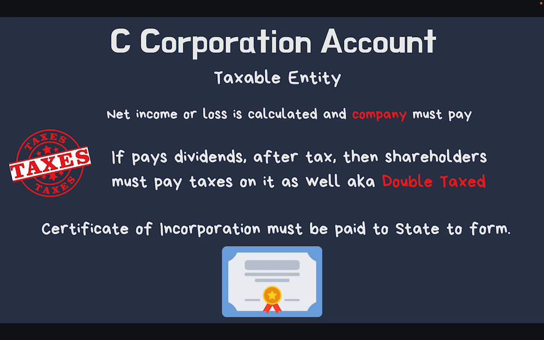If they pay dividends after tax, then the shareholders must pay taxes on it as well. So it's called double taxed. The certificate of incorporation must be paid to the state to form these, so they become incorporated. This is the first in which the company is liable for the taxes.